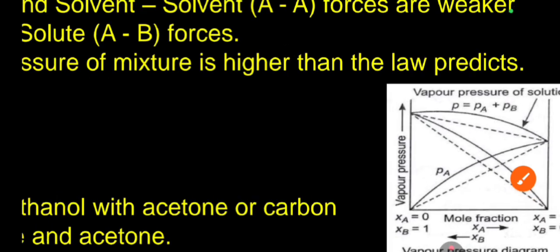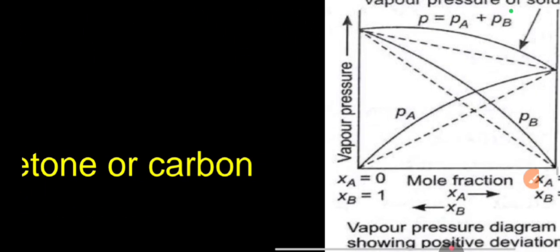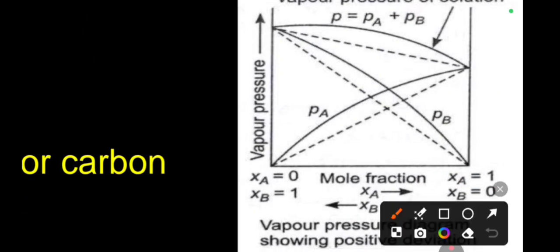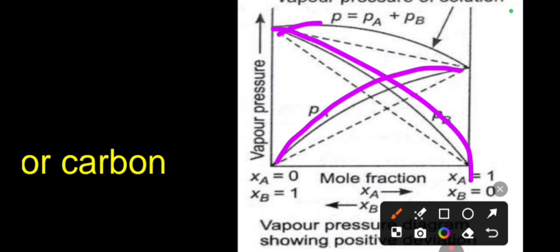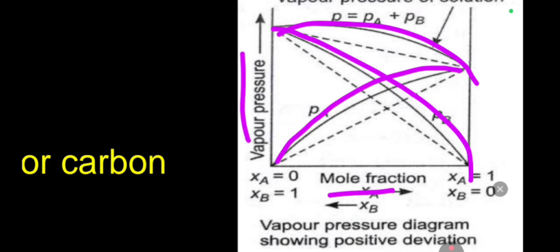You will use the same graph we did in Raoult's law for liquid and liquid, but with deviation. Everything is increasing here, so the partial pressure of component A will increase, the partial pressure of B will increase, and definitely the total pressure will also increase. Everything else is the same: mole fraction on the axis and this is the vapor pressure.